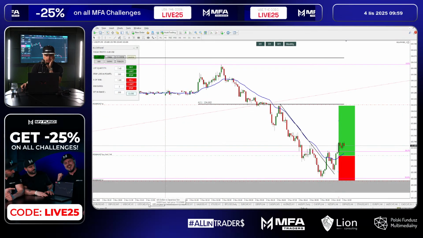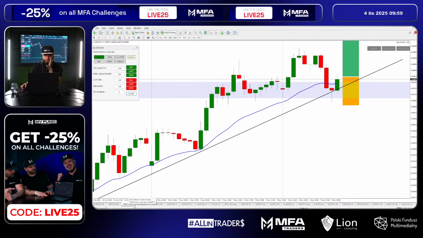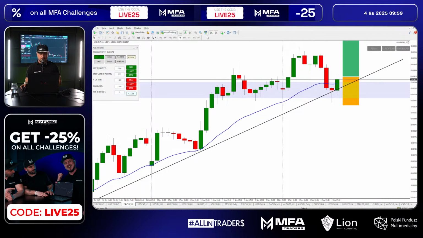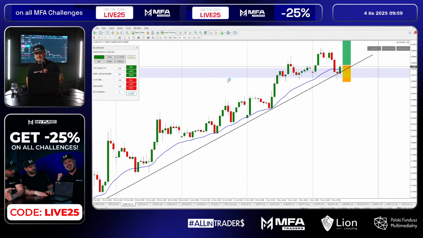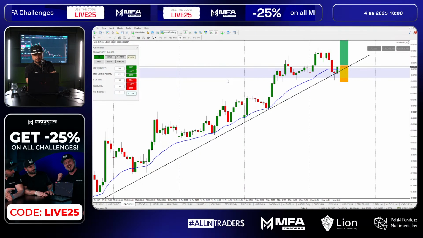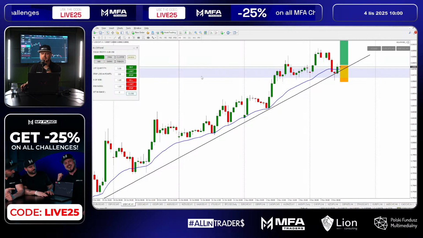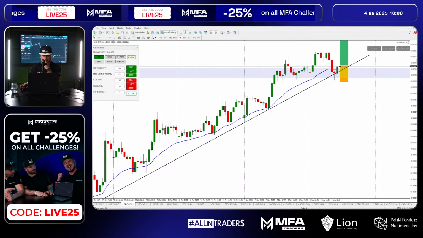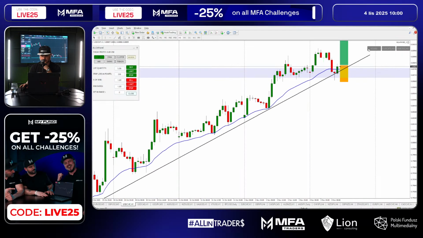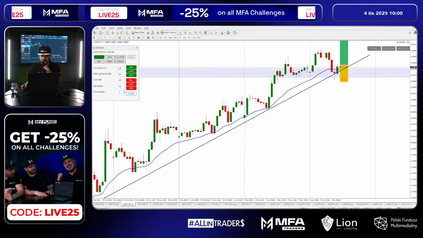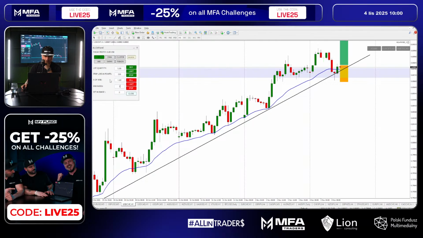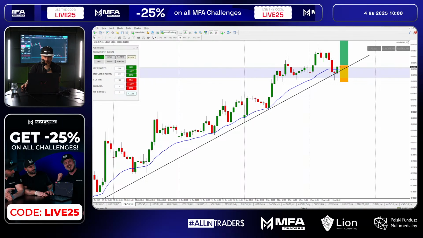USD JPY, no. USD CHF. 1 minute for this candle to close. It doesn't look too good. It should be better. Let's see. Not this one.